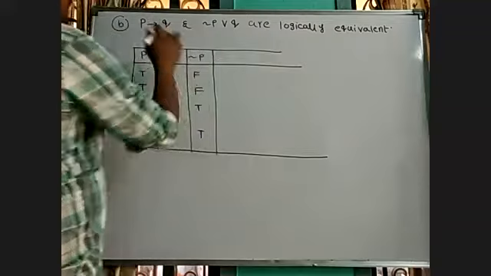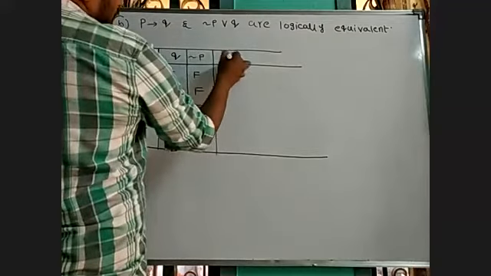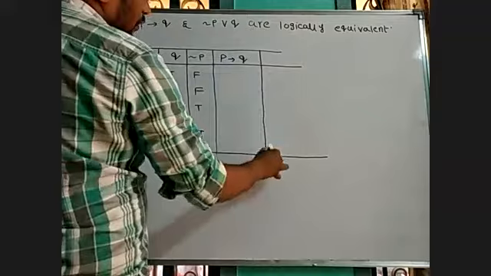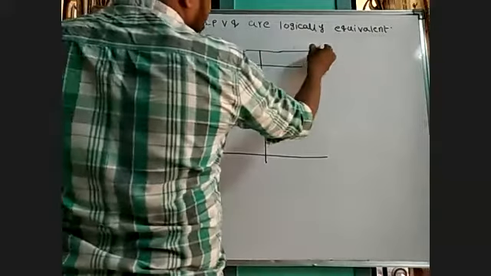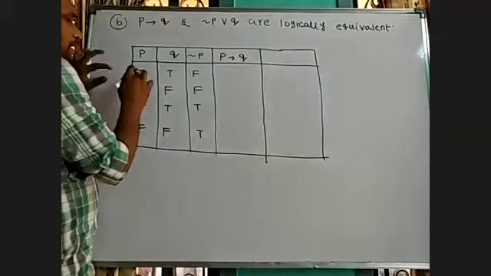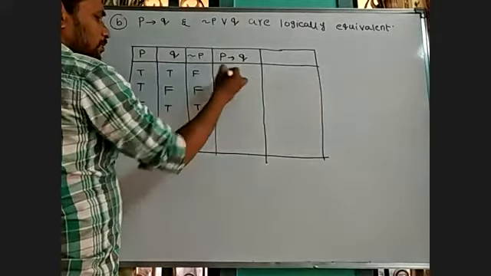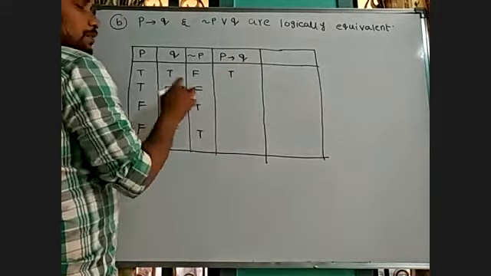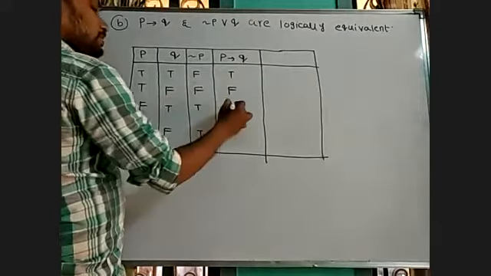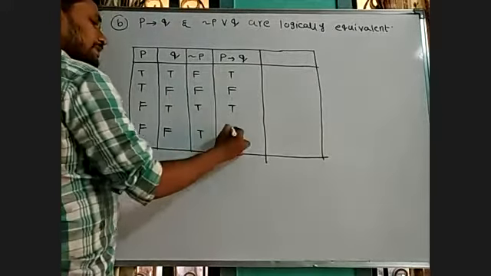First, we find P implication to Q. True true is true. True false is false. False true is true. False false is true.